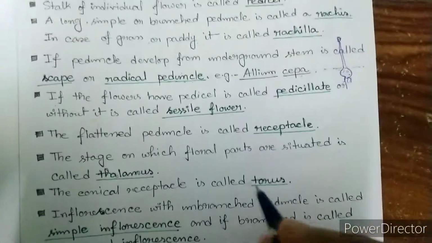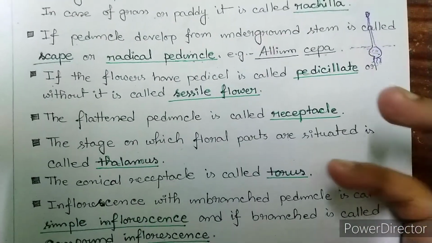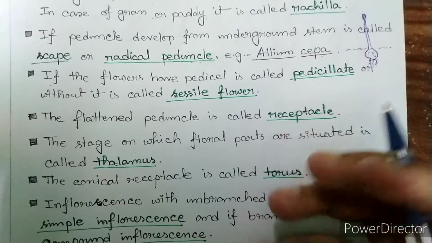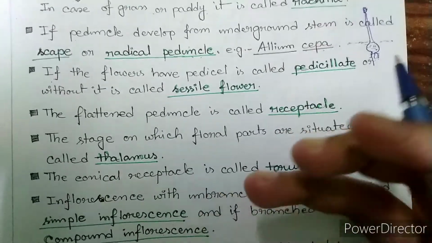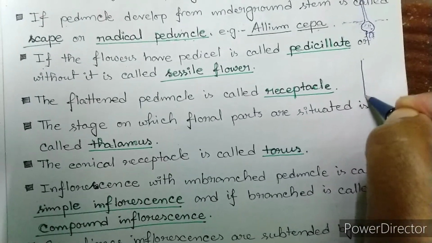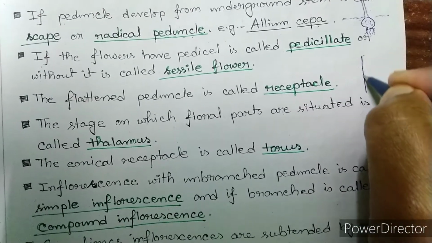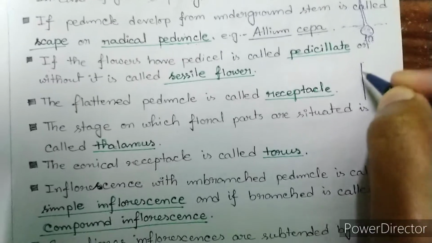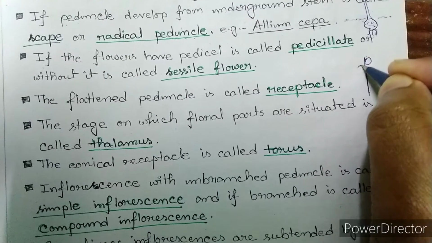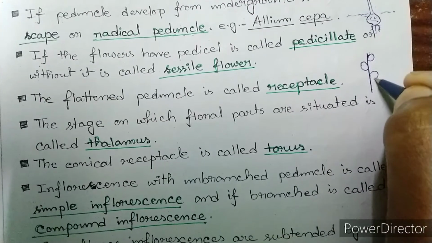But in case of any plant, any flower, if there is no pedicel, no stalk, then what happens? Then they all arrange like this structure. If you take this as the peduncle, then all flowers attach to this, like this, like this.